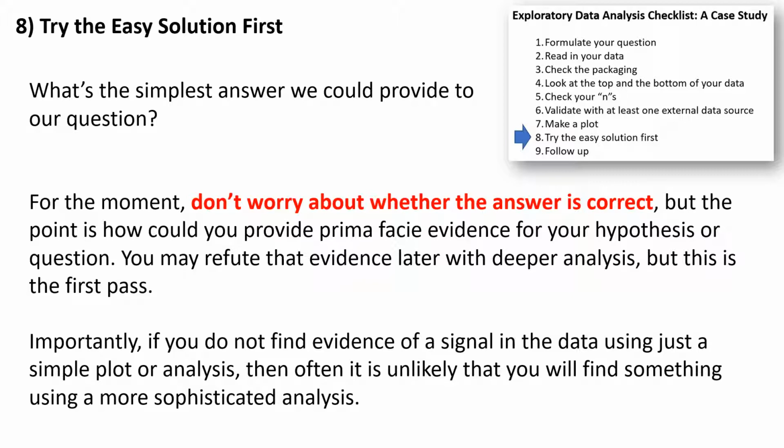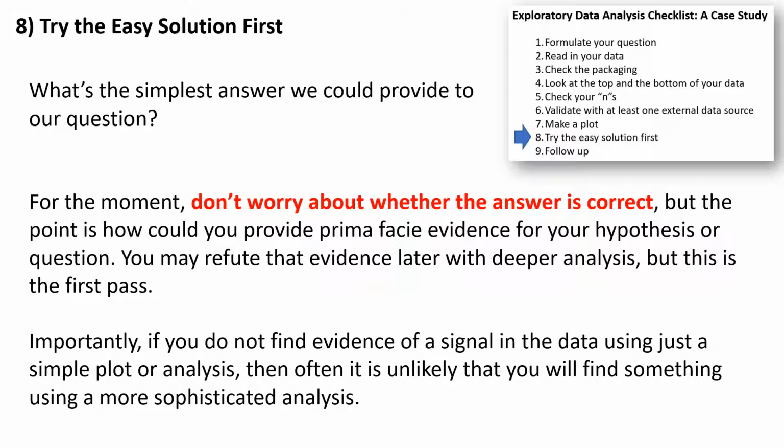It says, importantly, if you do not find evidence of a signal in the data, using just the simple plot or analysis, and by that they mean if anything that you saw didn't seem to even answer your question at all, there was nothing to be found in the data that you would be able to even start with, then often it's unlikely you will find something using a more sophisticated analysis.